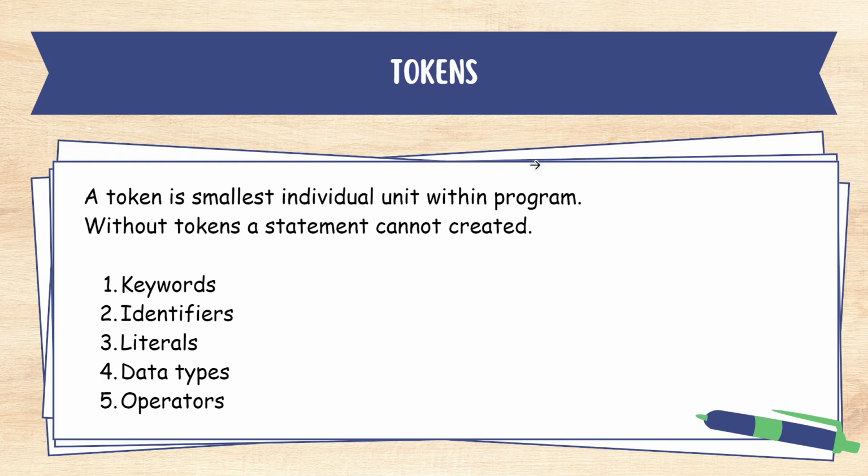What is the meaning of token in Python? Can anyone read this slide? A token is the smallest individual unit within a program. Without tokens, a statement cannot be created. Keywords, identifiers, literals, data types, operators.